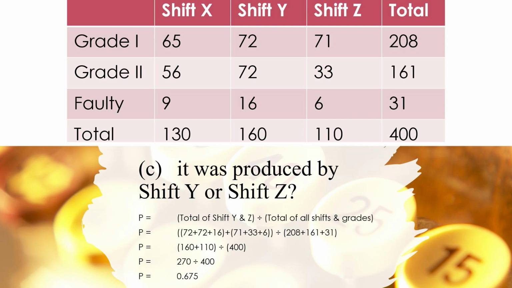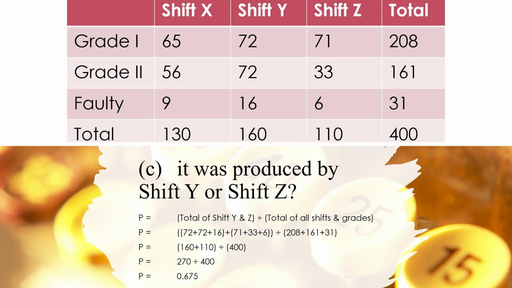While the total is 400, when you divide it, you'll get 0.675. That implies that there is a 67.5% chance or probability that if an item is picked randomly from the day's production, it will be produced by shift Y or shift Z.